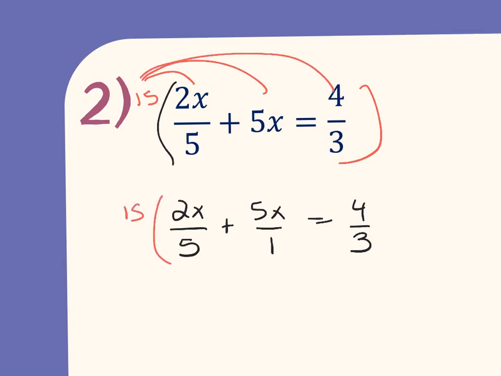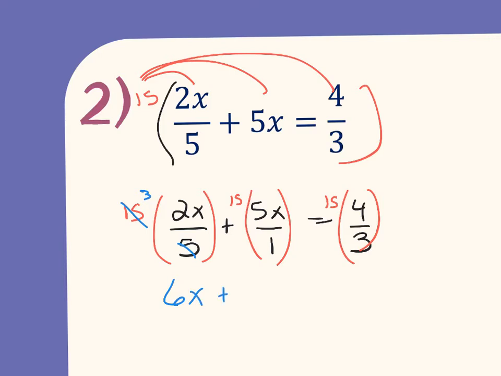I'm going to write it right next to each other so I can see how it cancels. So this one, 15 divided by 5 is 3. And then 3 times 2x is 6x. Here, nothing simplifies, so I actually have to multiply 15 times 5x and get 75x. Here, this will simplify, and then 5 times 4 is 20.